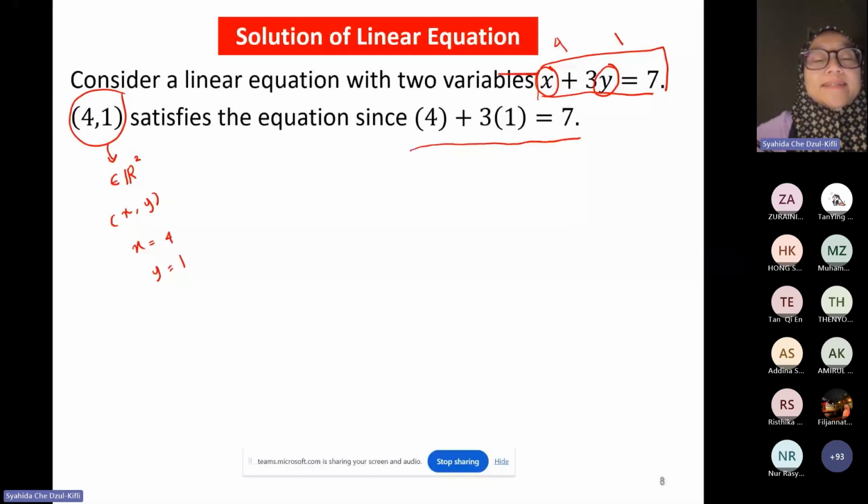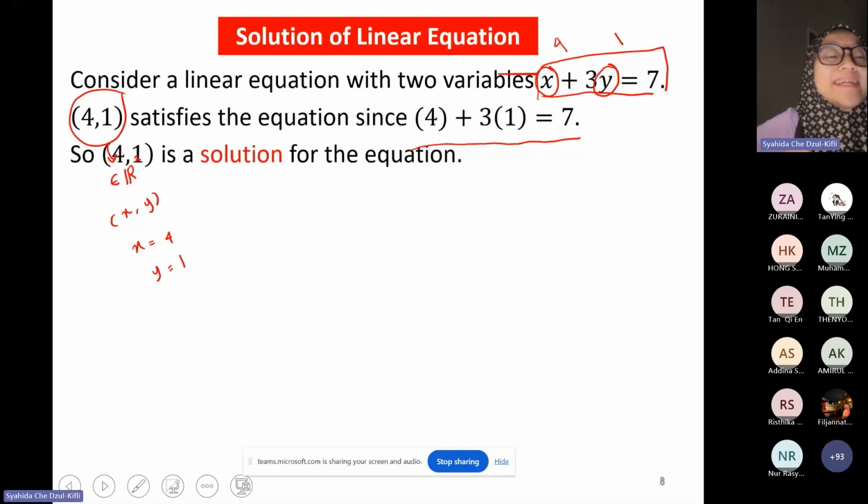Since the left hand side is 7, similar to the right hand side, we say that (4, 1) satisfies the equation.